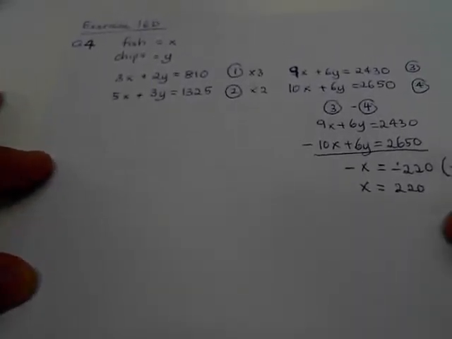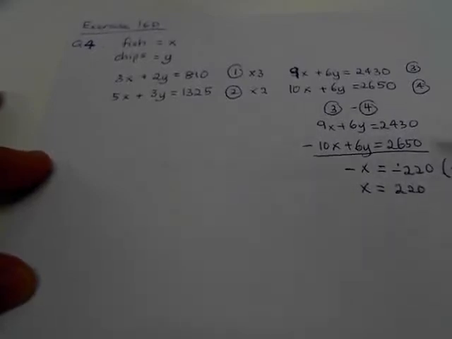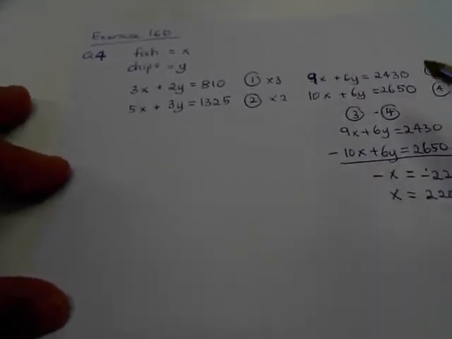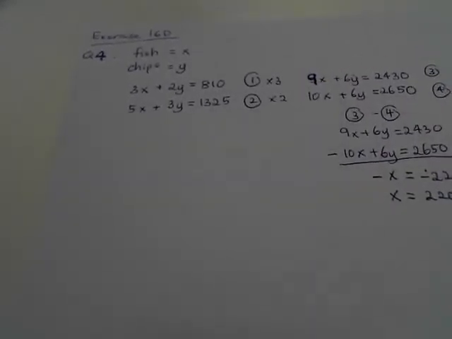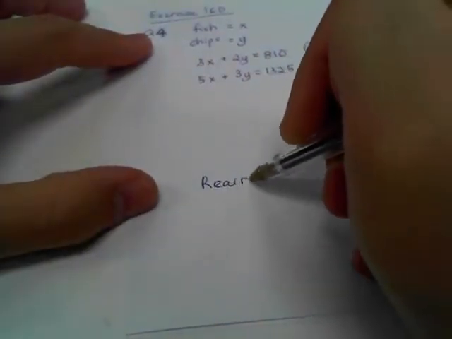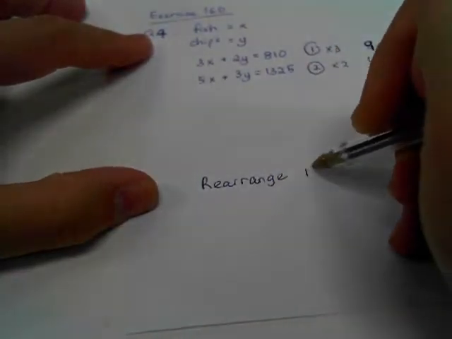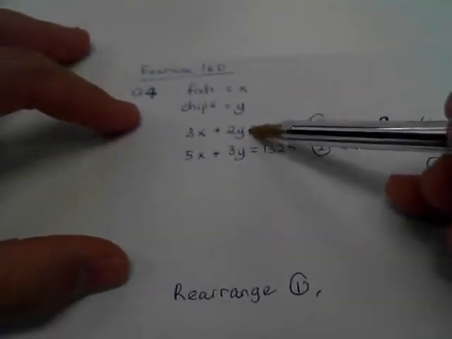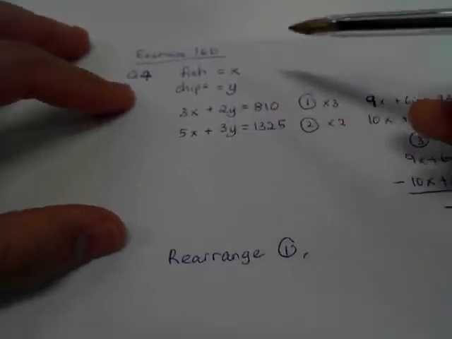Now we need to substitute x into one of the equations to find y. We can use any, because all you need to do is rearrange one of the equations. So let's rearrange equation 1. You want your 2y as the subject, or rather y as the subject.